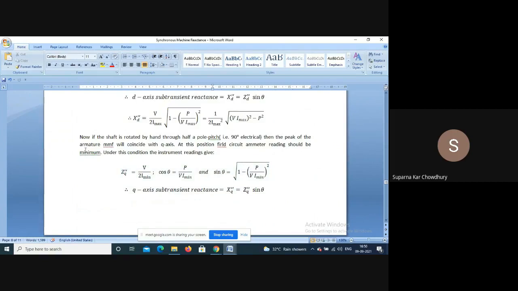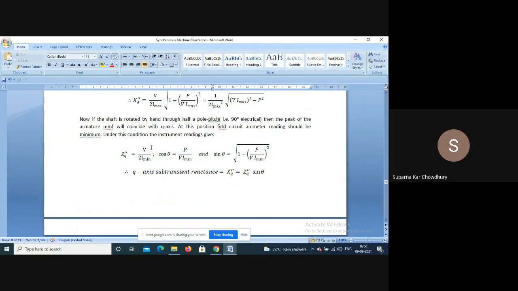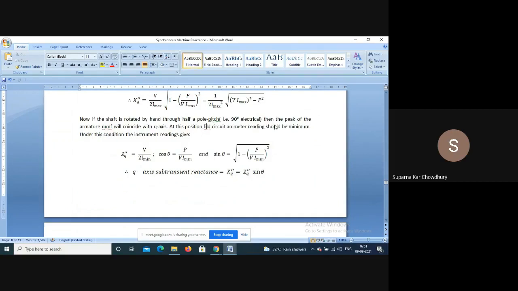And from this same experiment we can determine X_q double dash also. The rotor is rotated by hand so that the peak of the armature MMF wave coincides with the quadrature axis. In this position, the field winding current will be minimum, so the ammeter reading will be minimum.